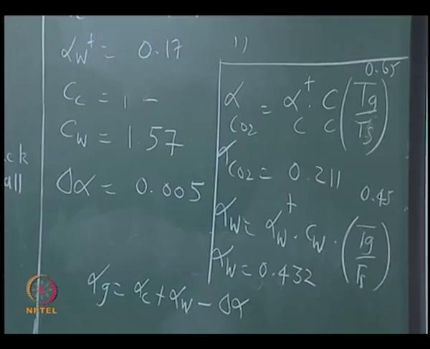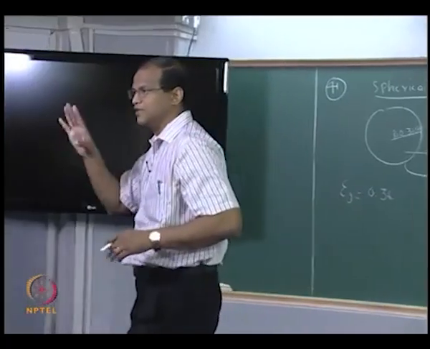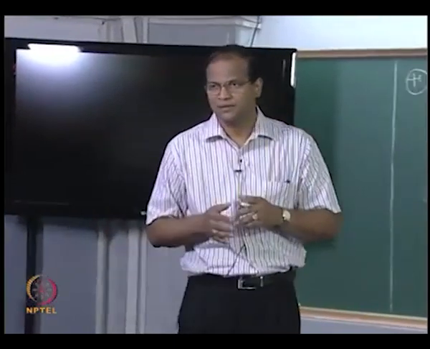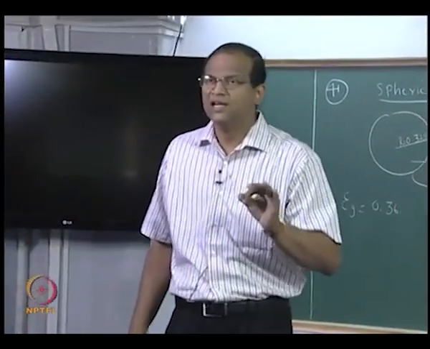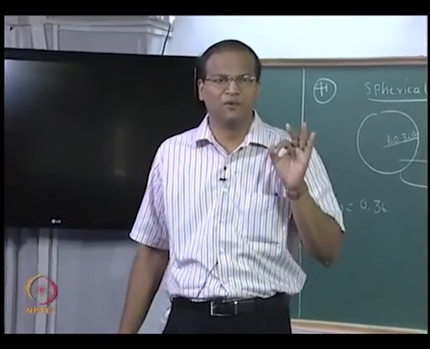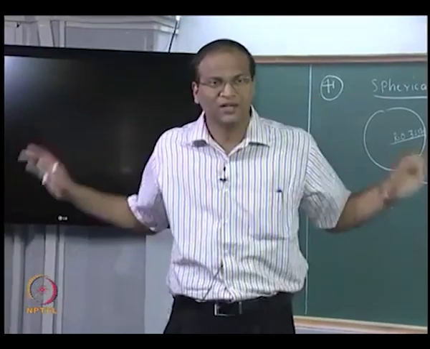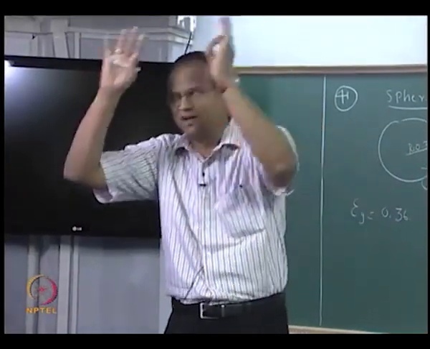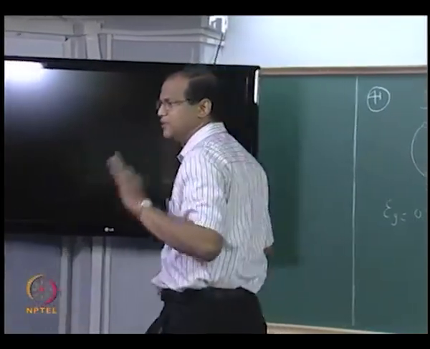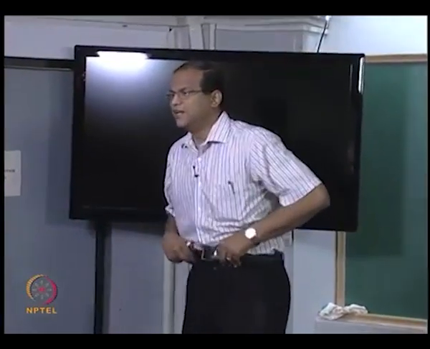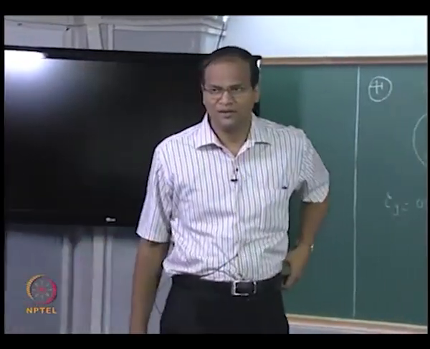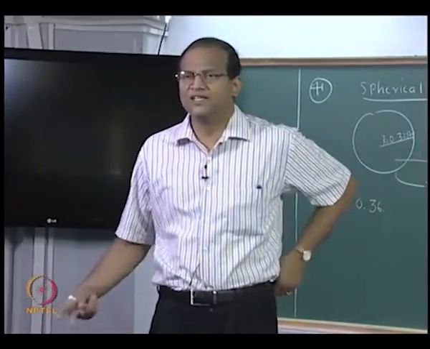Do not do the correction factor twice. At the same time, do not forget to apply it once. The correction factors have to be applied once. Tg by Ts to the power of 0.65 and 0.45 have to be multiplied once, and then Ts by Tg has to be taken for reading the charts. Only 3 principles involved: LMT, LM into PC, that is all. Do not do something twice and do not omit.